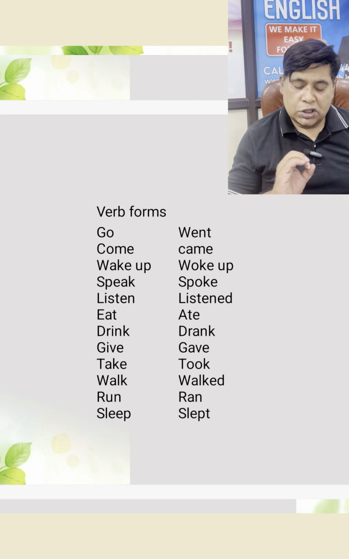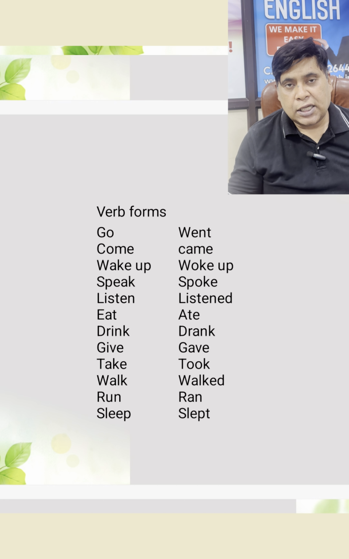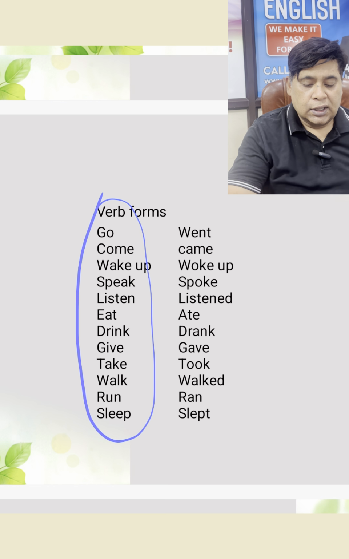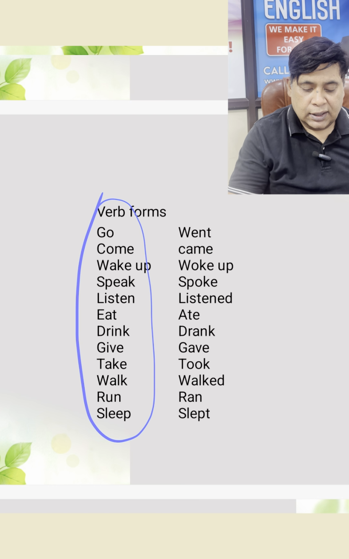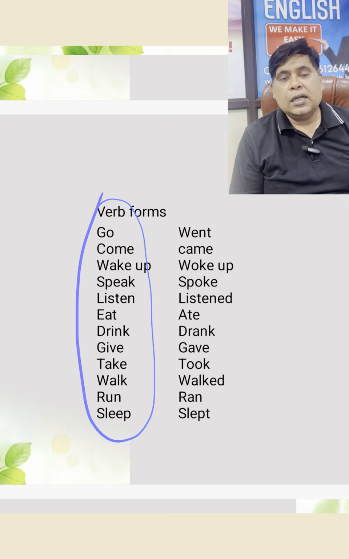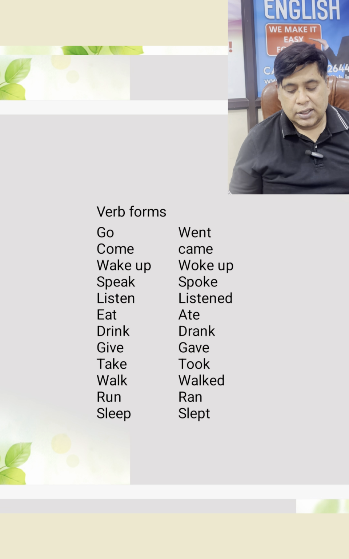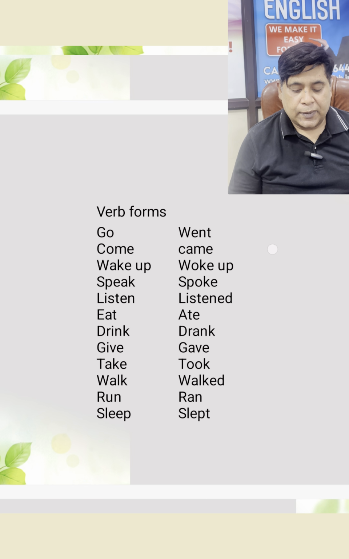Now, the most important thing is: do we use only the past form of the verbs in past sentences? No, that's not true. Sometimes we use the simple base form of the verbs as well, and usually in questions and negative sentences we use the base form of the verbs.